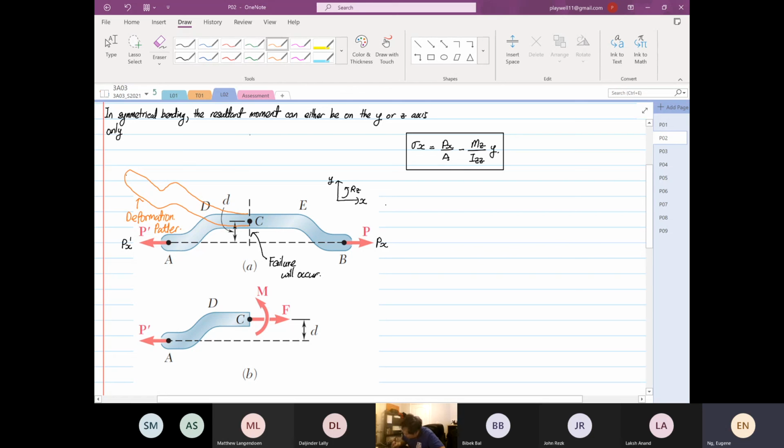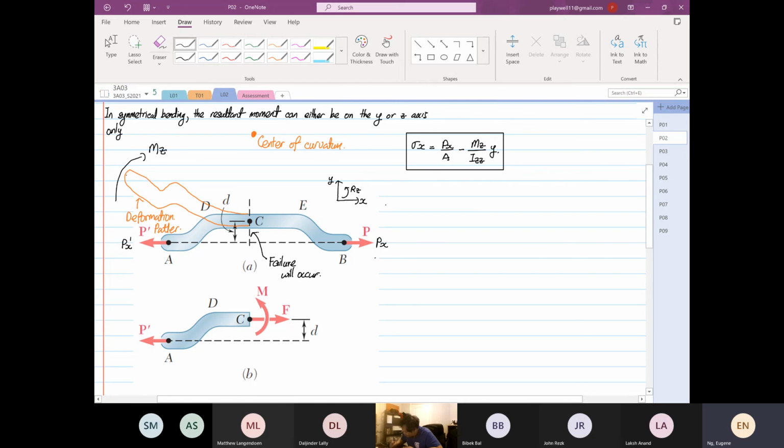So what we have down here is our center of curvature again. And if we look at the moment vector, our moment will be acting this way. So this is our Mz.